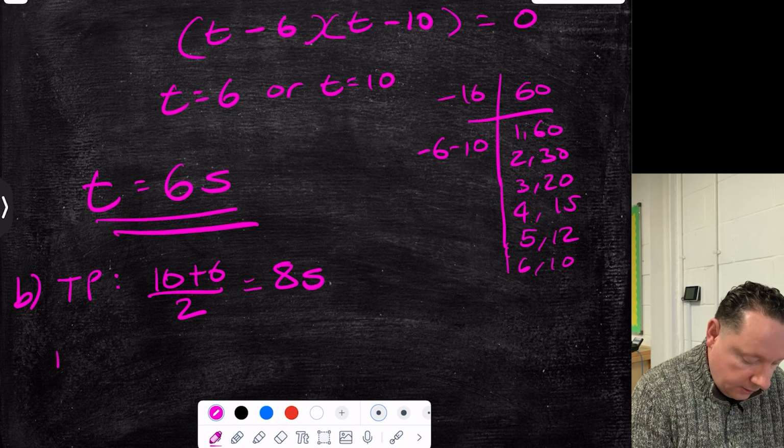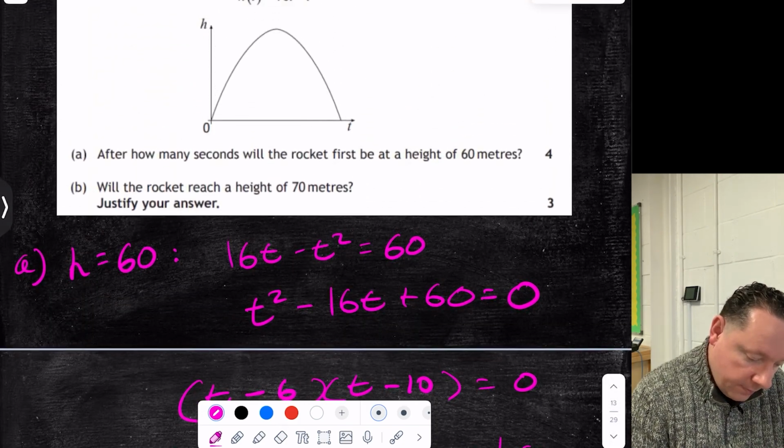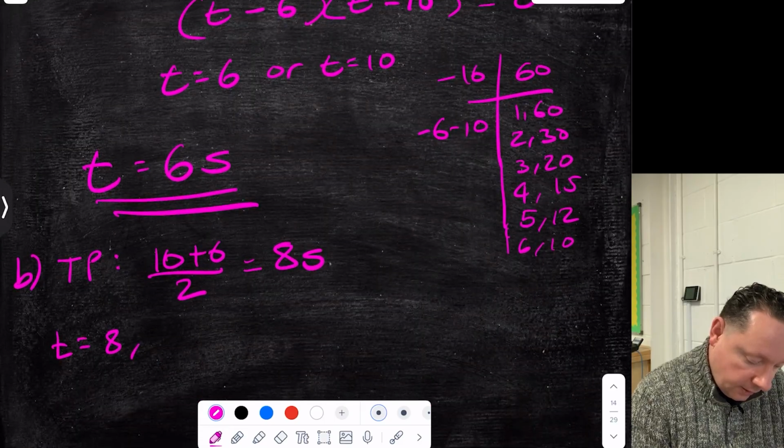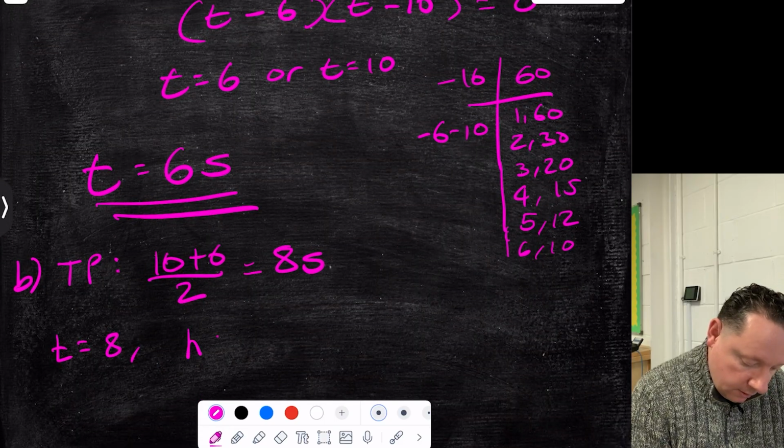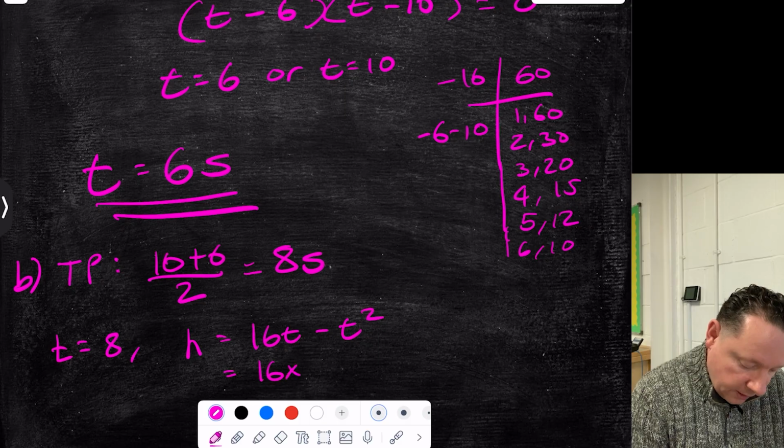So when t equals 8, we have h of t is 16t minus t squared. So that equals 16 times 8 minus 8 squared.